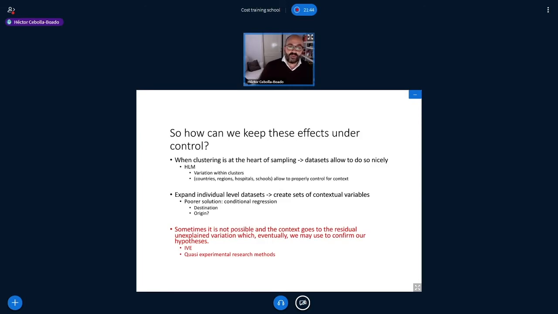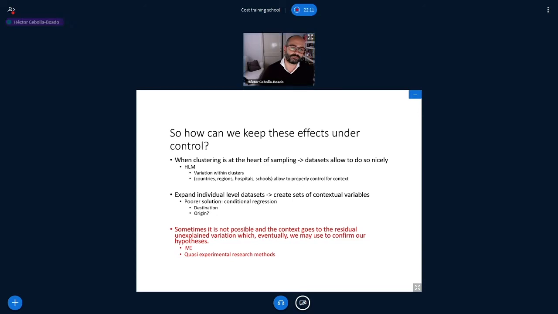Of course, the most wanted, or the best setting in which we can conduct our research on context, is the case in which clustering is at the heart of the sampling strategy that was used to produce our data set.